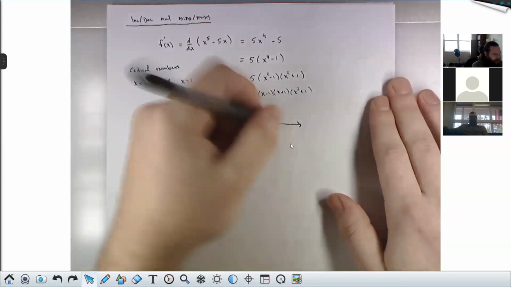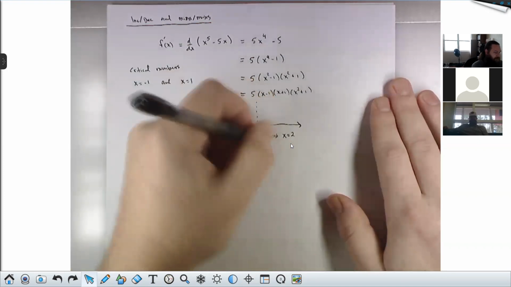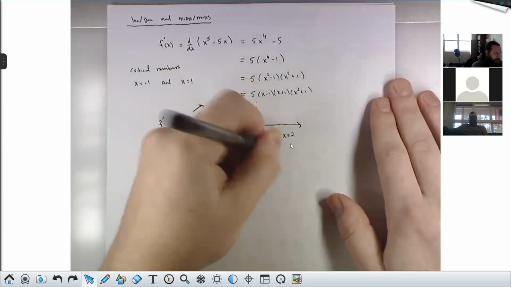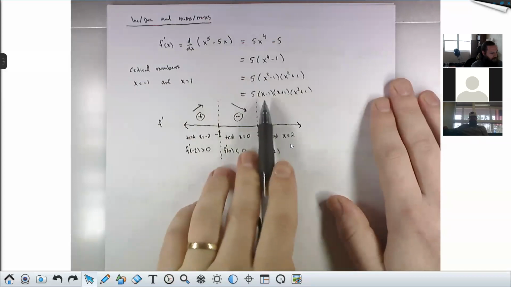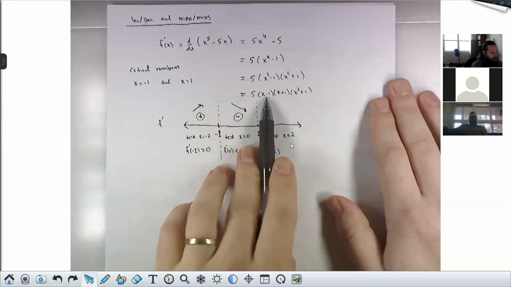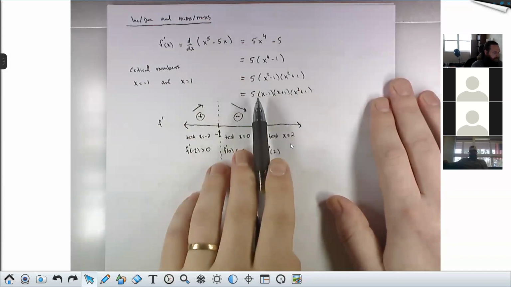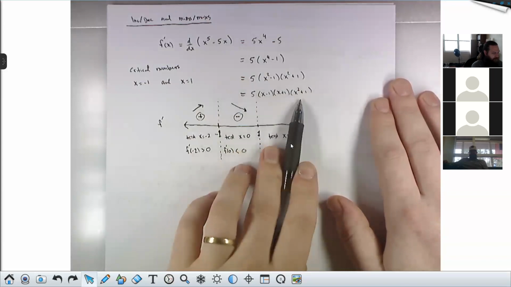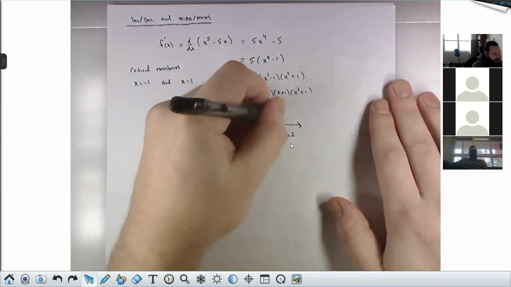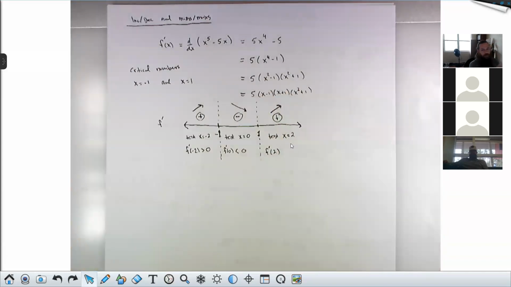And then to the right of 1, I could test x equals 2. I want to know, is f prime of 2 positive or negative? So if I plug 2 in here, I'll have 5 times 2 minus 1 times 2 plus 1 times 2 squared plus 1. That's 5 times 1 times 3 times 5. All of those are positive. So this guy is positive, which means we return to being increasing here.